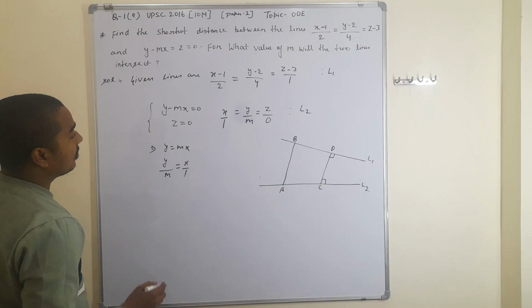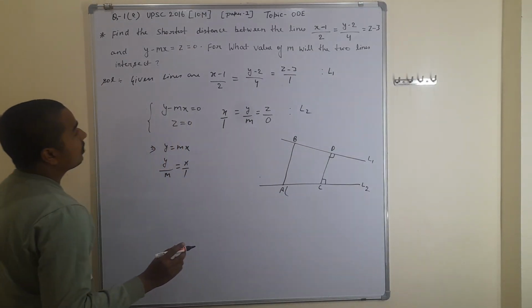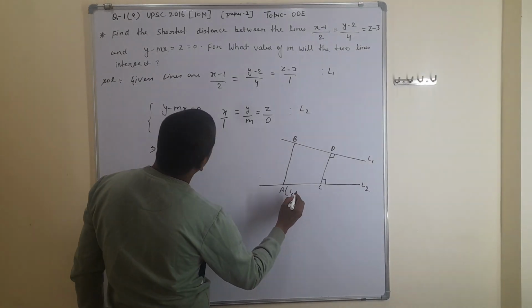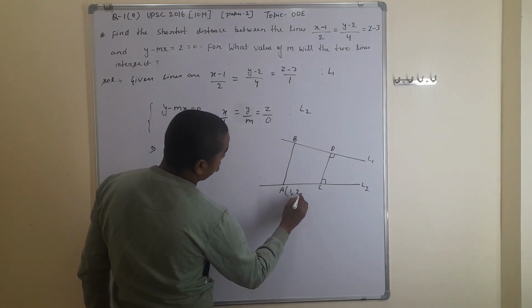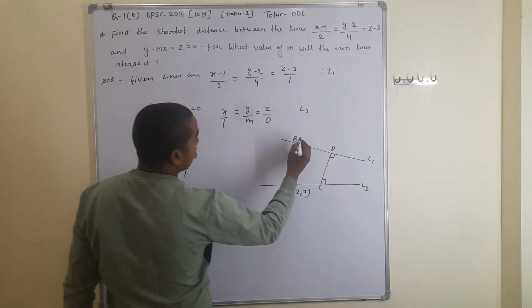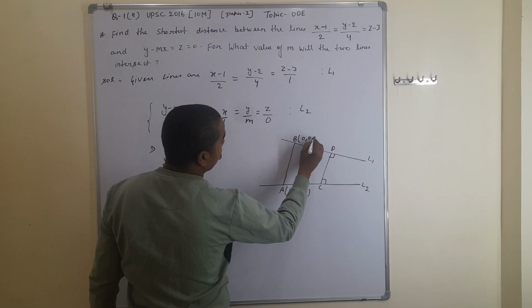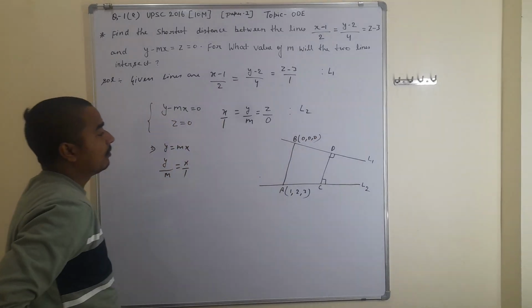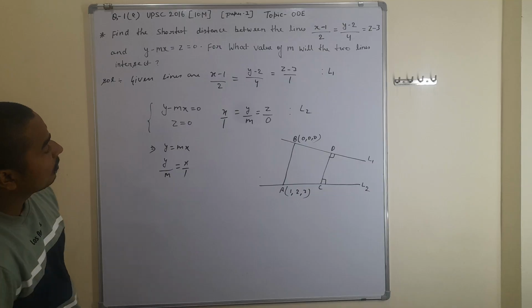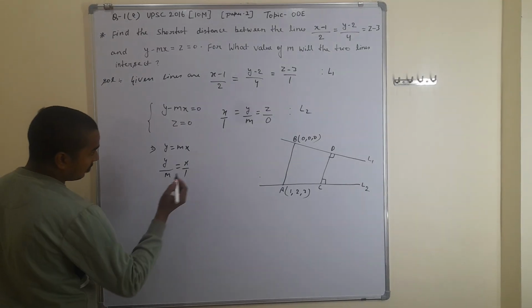The point A is 1, 2, 3 and the point B is given by 0, 0, 0. From here we have to find the shortest distance.